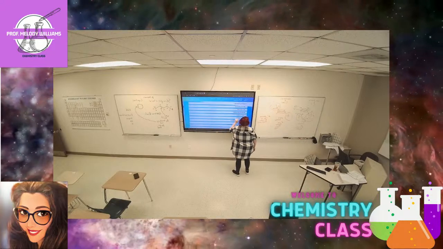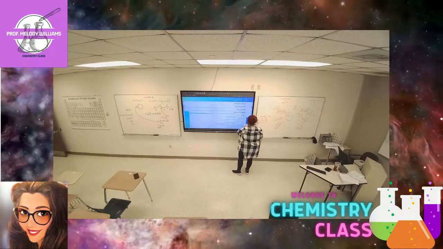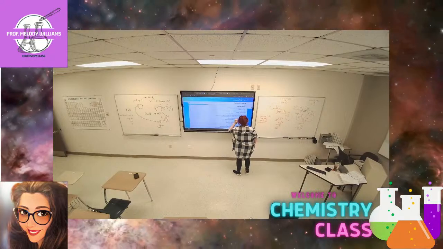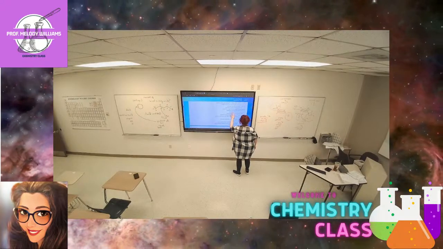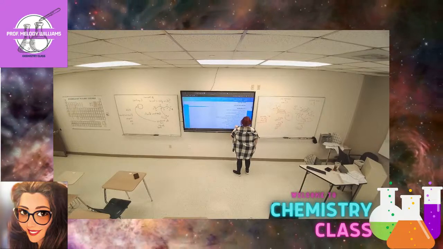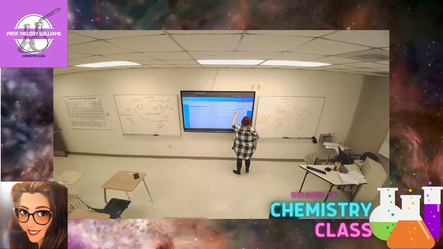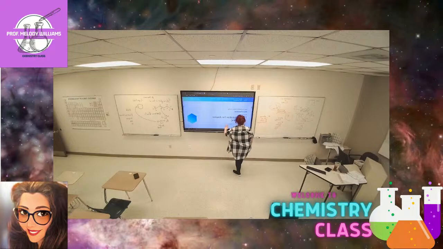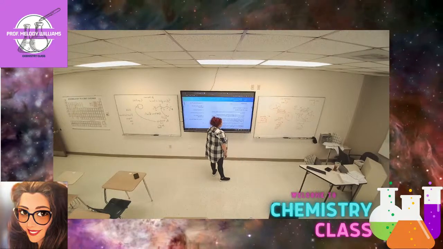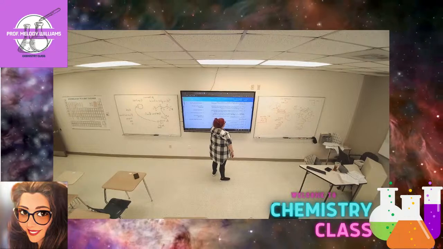Okay. Let's look at alkene reactions. Let's look at E and Z notation. I think we talked about this a little bit last semester, but we're going to go back into it in more detail.